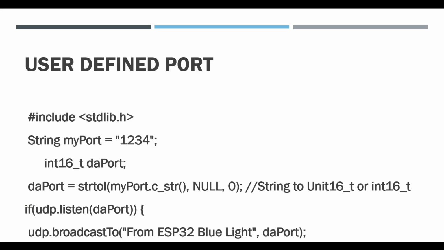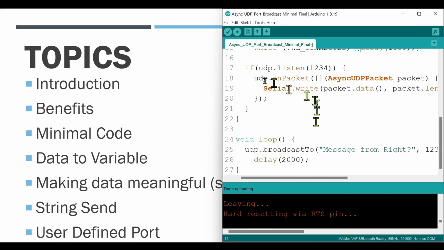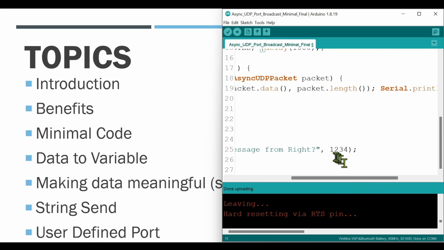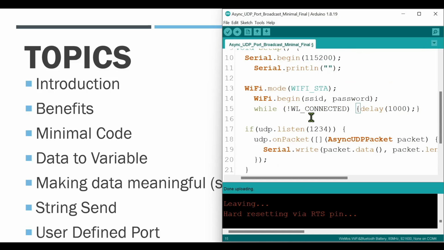Right now what we are doing is we are using port 1234. Okay, so let's say you see we are listening at 1234 and we are broadcasting at 1234. What if my user wants to use some other port?